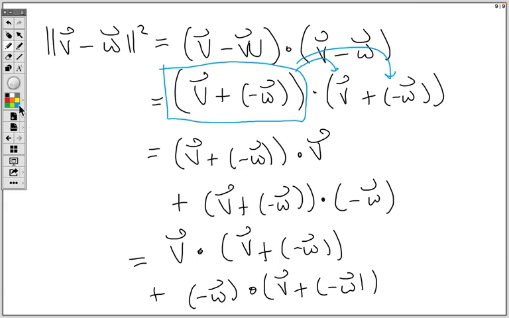And now we're going to use the distributive property again.